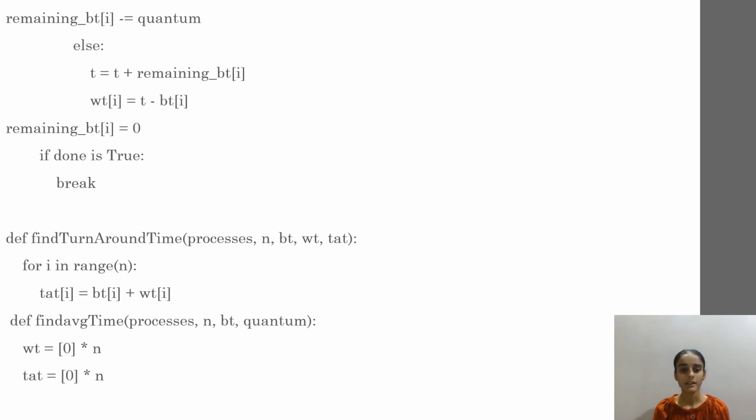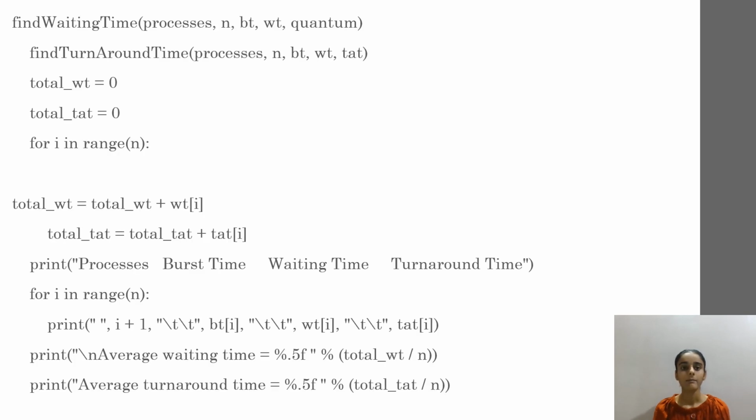Define turnaround time, processes, bt, wt. For i in range of n, turnaround time is equal to burst time plus wait time. Find average time, processes, n, burst time, quantum. Wait is equal to 0 star n. Turnaround time is equal to 0 star n. To find the waiting time, processes, n, burst time, wait time, quantum. Turnaround time of processes n, burst time, wait, turnaround time. Total wait is equal to 0.